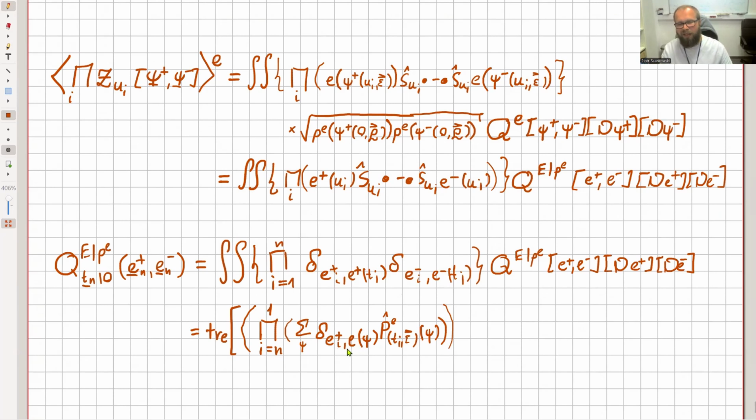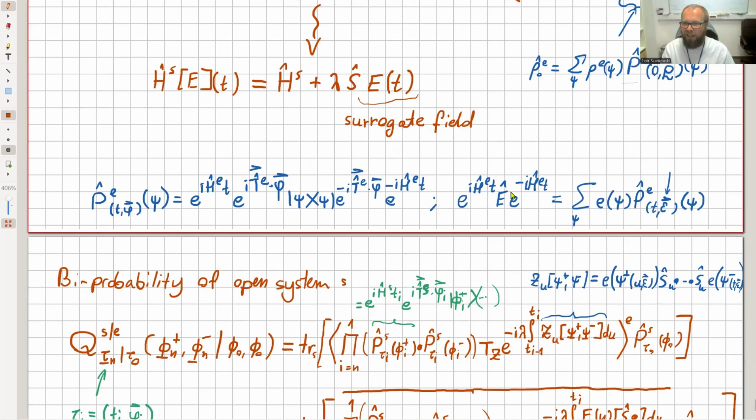So this extra sum here appears because it's possible that operator E is degenerate. It is possible that the number of unique eigenvalues is smaller than the dimension of the space, right?